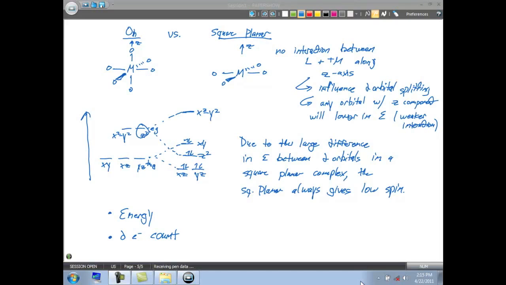Because these two concepts will help you analyze all of your different transition metal complexes.